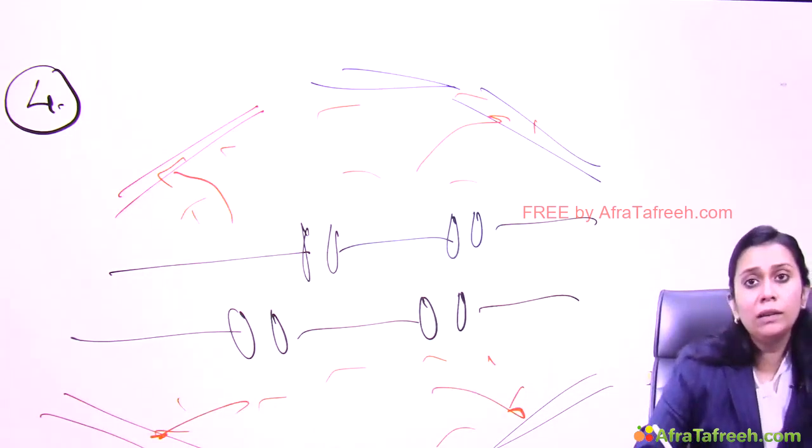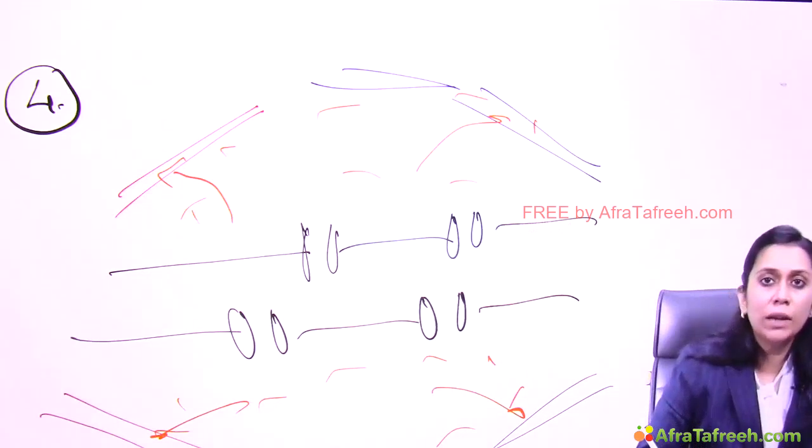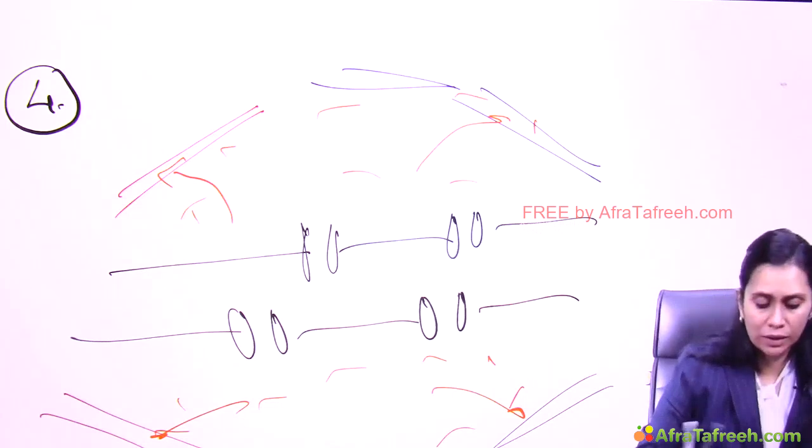What does local anesthetic need? Sodium channel. And sodium channels are located everywhere in the body, on brain, on heart, everywhere. So what will happen? It will block those sodium channels of brain and heart and will cause systemic toxicity.